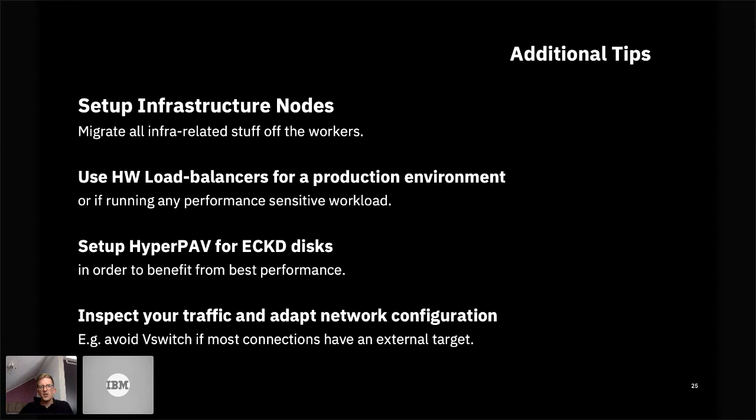So infrastructure nodes are, besides worker and master nodes, the third type of nodes you can have. Each of your nodes has a label, and you can label it as infrastructure. The purpose of those nodes is not to serve your workload.